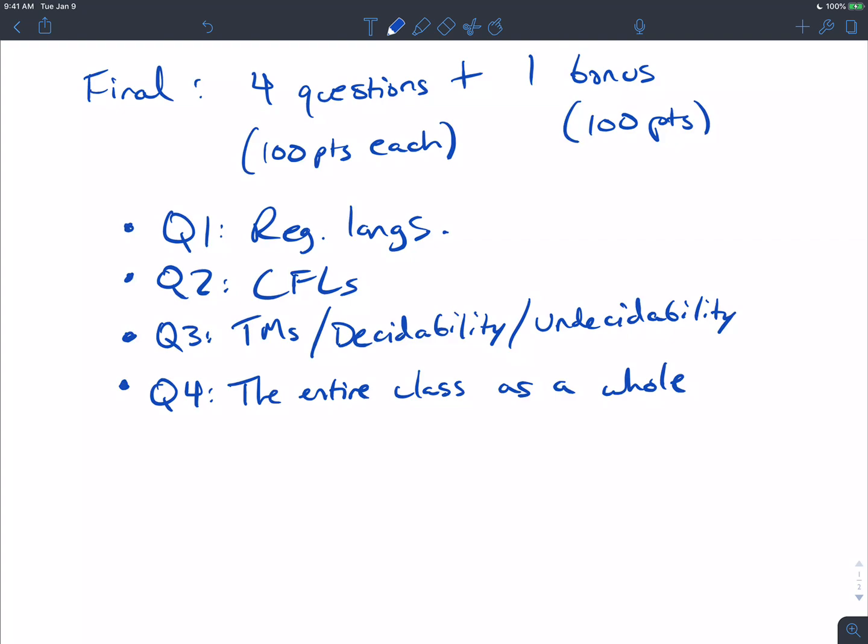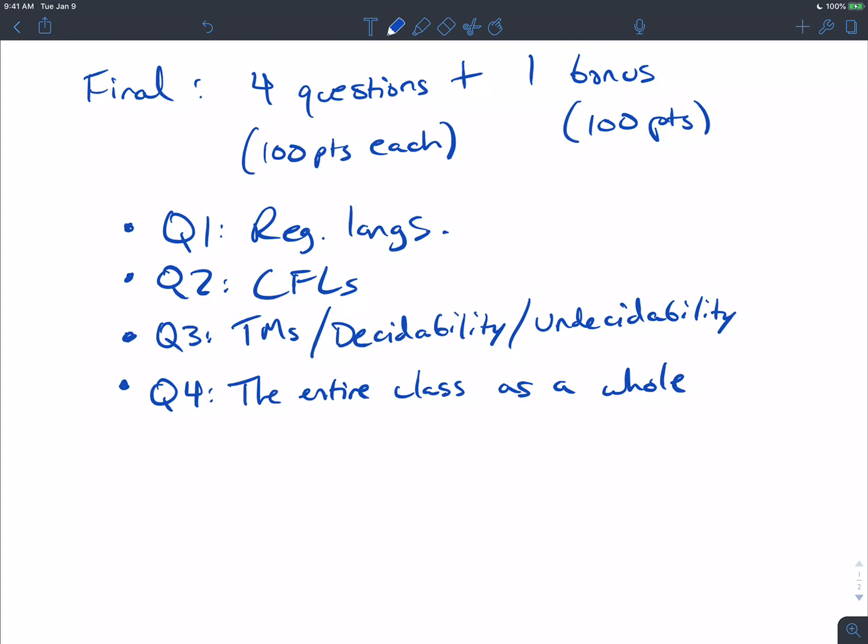Q1 through Q3 focus more on the actual topics and what we actually did with them. And for Q4, think about the entire class as a whole. I'm not going to ask very specific things on Q4. I'm going to ask high-level things.